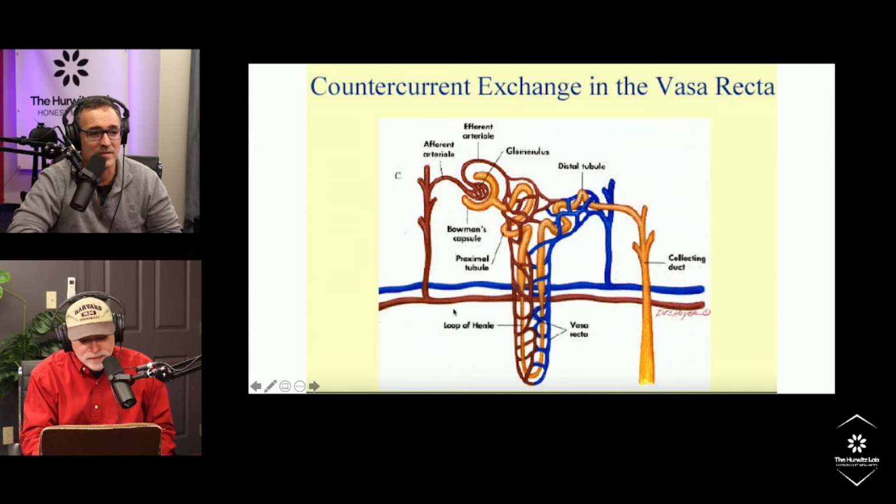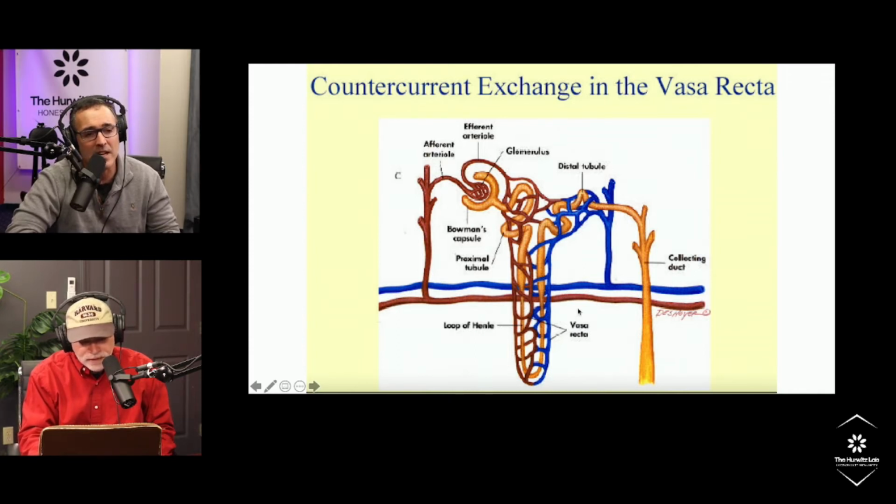And what comes off of that? The interlobular artery comes off here. And then you've got the afferent arteriole coming off into the glomerulus. And then the efferent is really the important part here, because it's the efferent that splits off into this vascular bundle that dives down and becomes the descending vasa-recta.